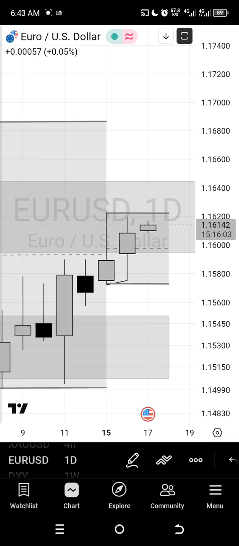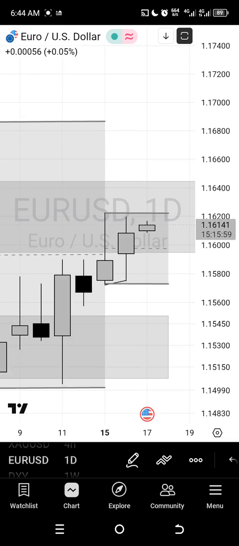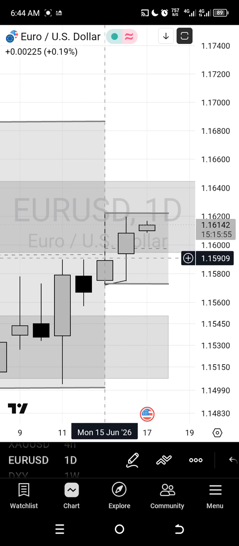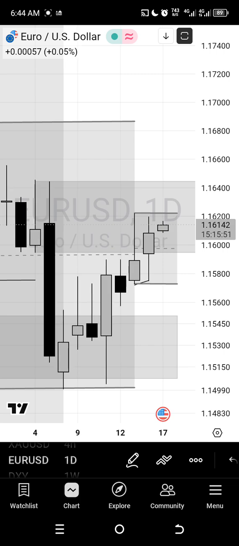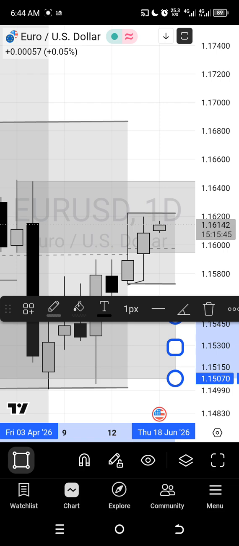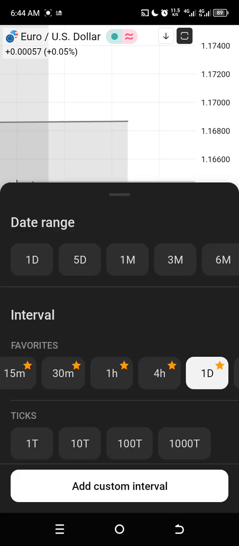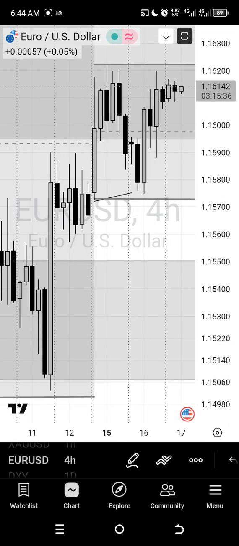Based on this idea on the daily chart, and the fact that price is bouncing off this 50% of the range, we should take into consideration that the market might start going crazy very soon towards the upside.